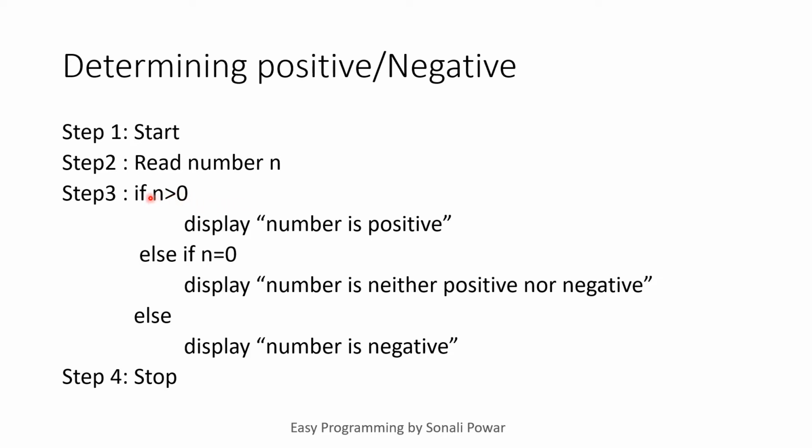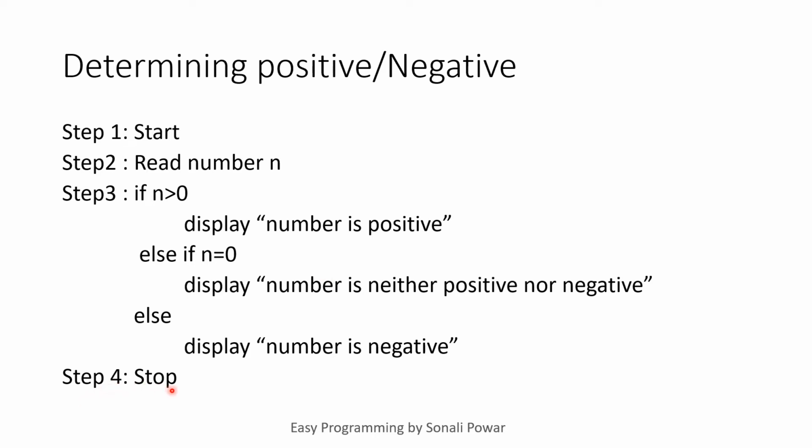I am checking if n is greater than 0, but the value of n is 0, so 0 is not greater than 0, so this condition is false, so it will go to else if n is equal to 0, meaning here I am checking whether the user entered 0. If this condition is true, then I will display number is neither positive nor negative. It means 0 is not positive or negative. So I just display that message and go to step number 4 as stop.